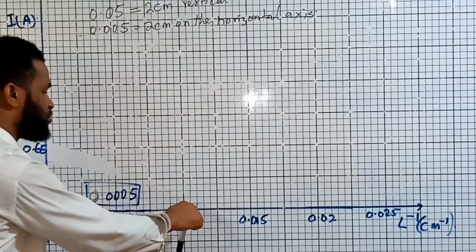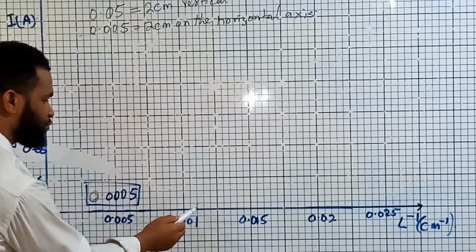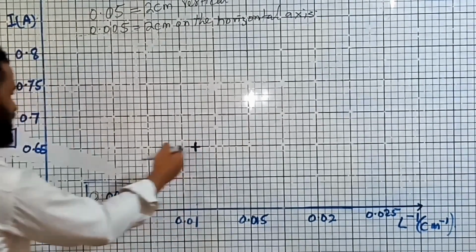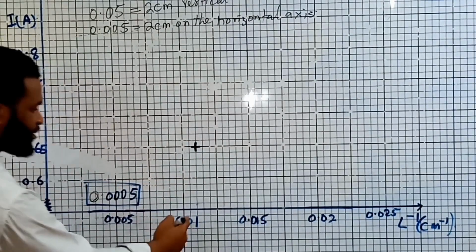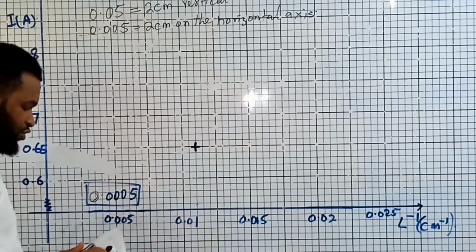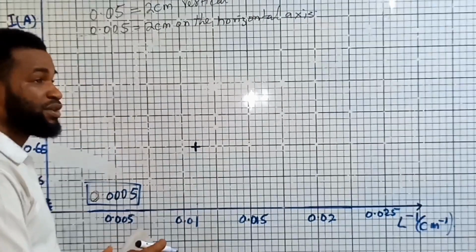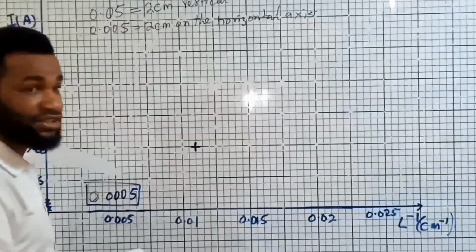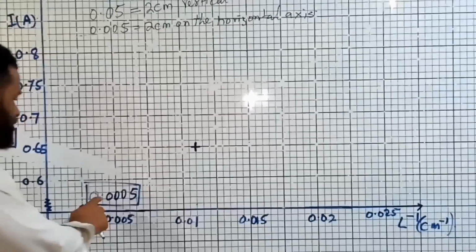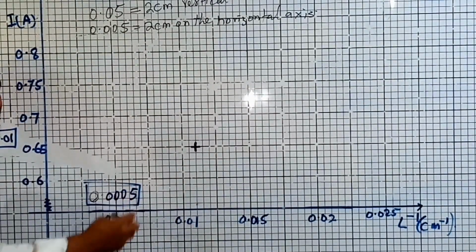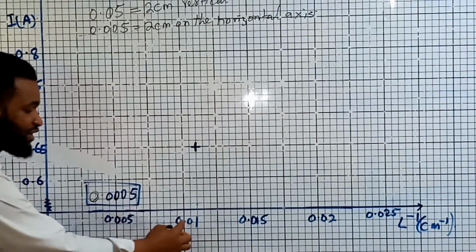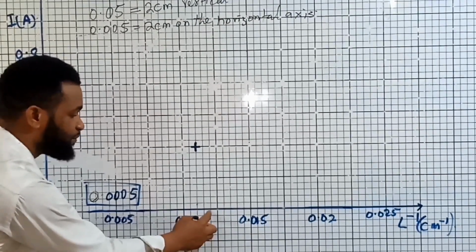Therefore, I'm going to allocate where it is with this 0.65. The first line is not it; the second one is what corresponds to this. The next thing I'm going to plot is 0.013. Where can I locate 0.013? 0.0005 times 6 plus 0.01 will give you 0.013, so it's the sixth line: 1, 2, 3, 4, 5, 6.